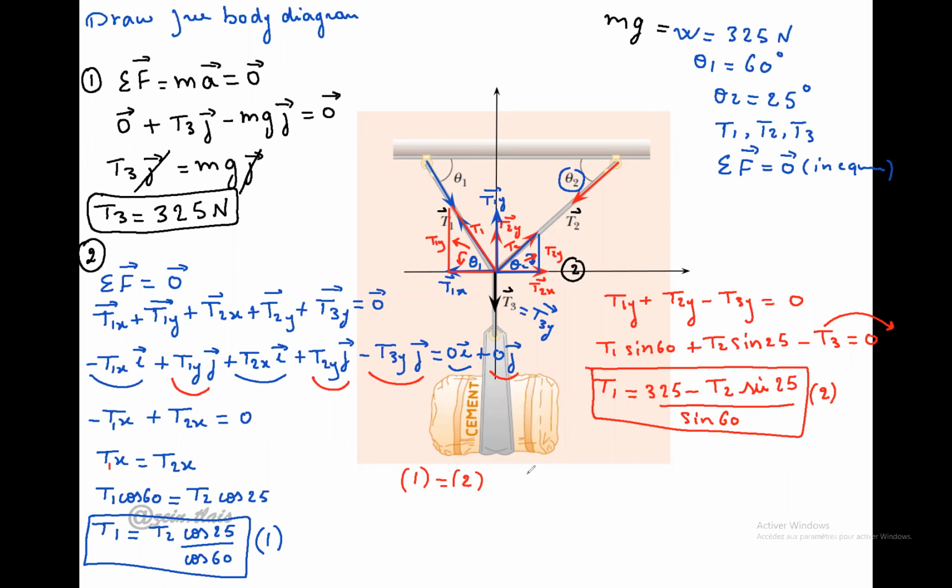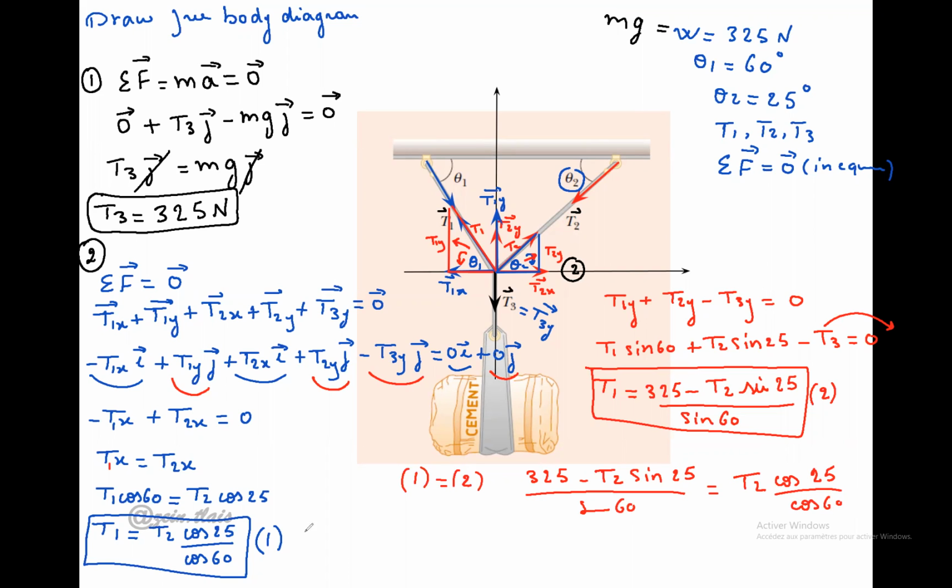So 3 to 5 minus T2 sine 25 divided by sine 60 equals T2 cosine 25 divided by cosine 60.